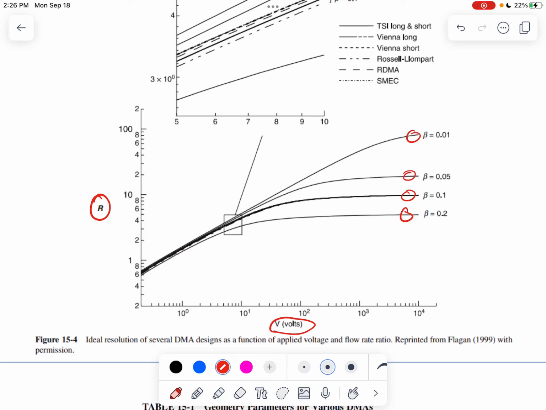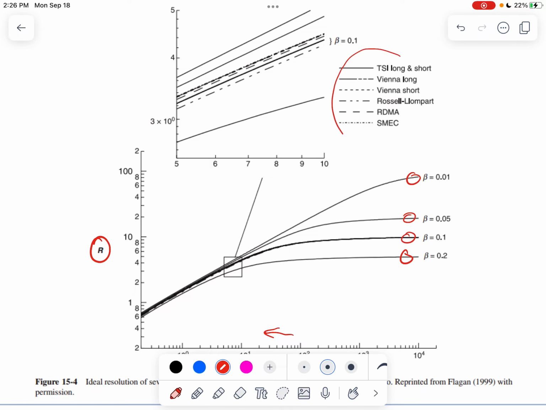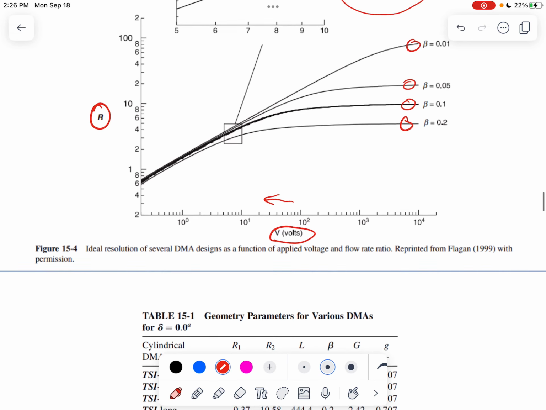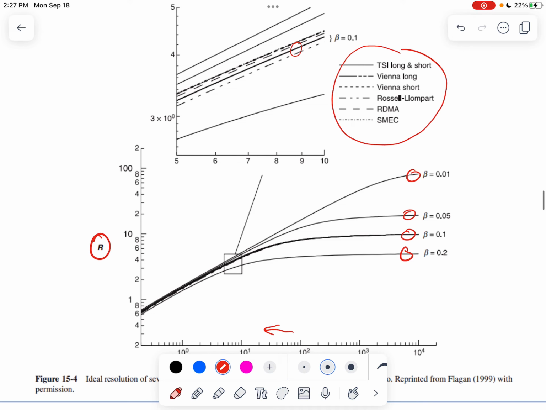And then the resolution is going to decrease when you're decreasing the voltage down. Different DMA systems are going to have different resolutions depending on the flow, the geometry, and other parameters.